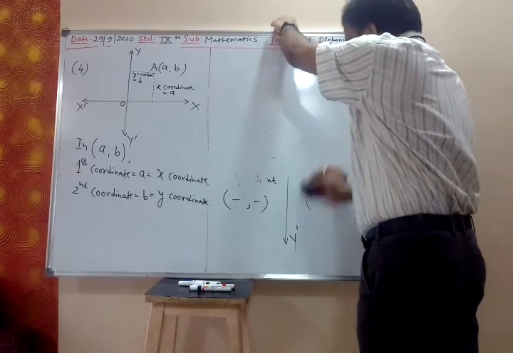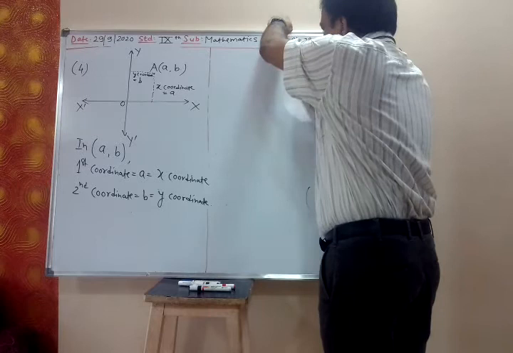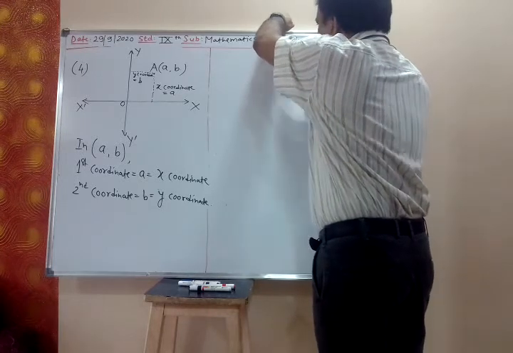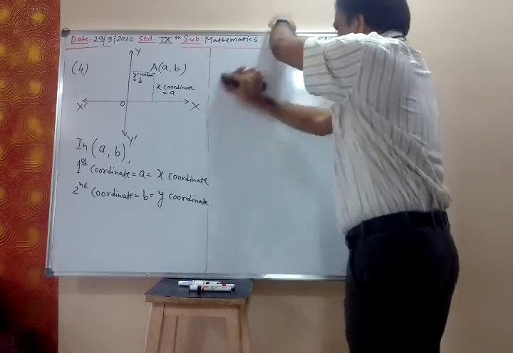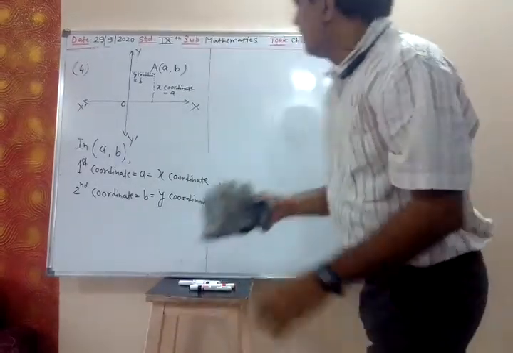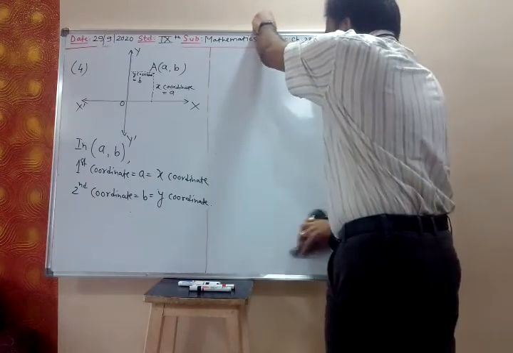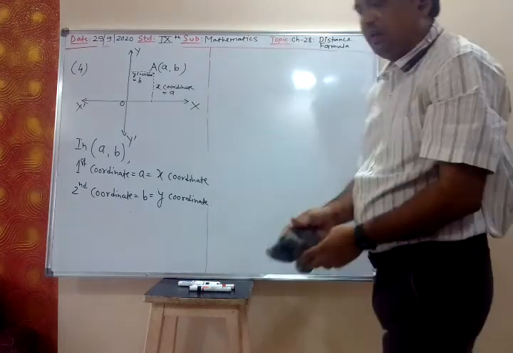Any point which you will plot on coordinate axis will have two coordinates. First coordinate is x coordinate, second coordinate is y coordinate. Now this is the most important part of this coordinate geometry.